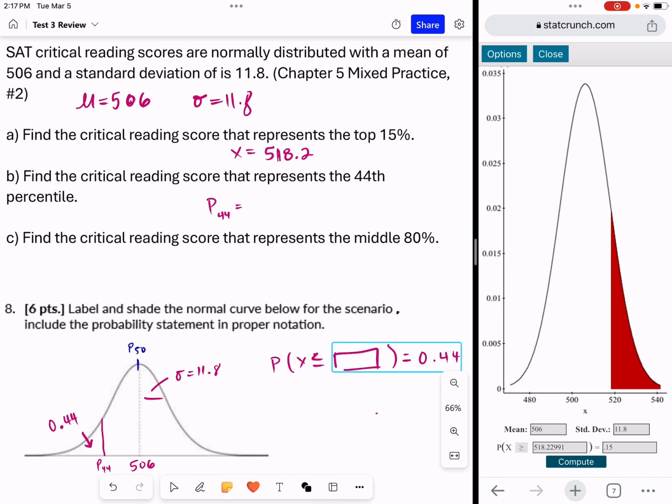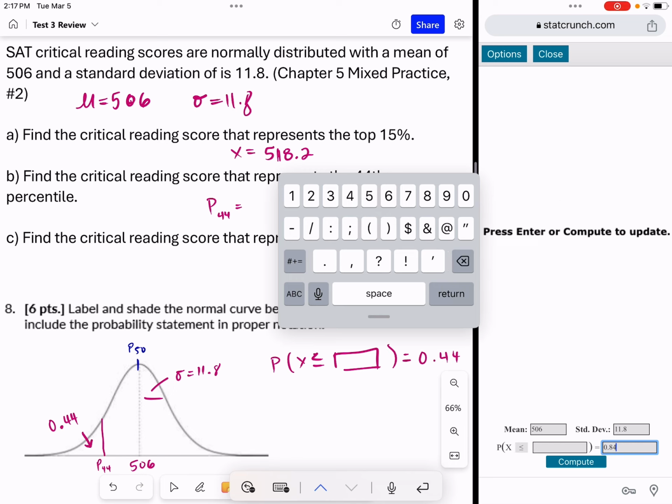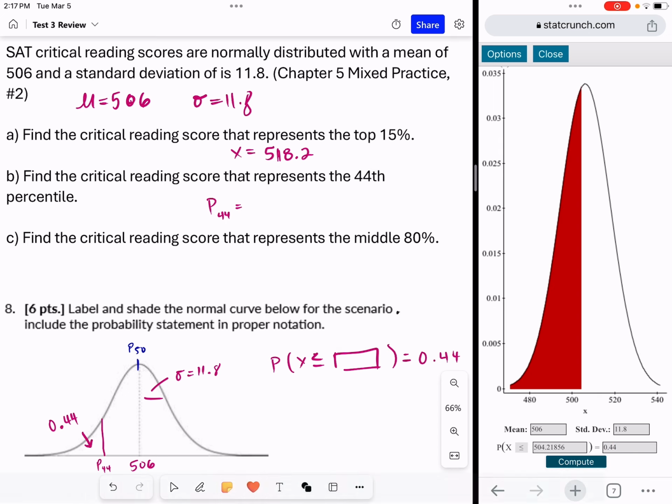Now I'm going to switch my symbol, and I'm also going to switch my area. So I want to know what value of X, less than or equal to, gives me 44% to the left. And that's going to be 504.2.